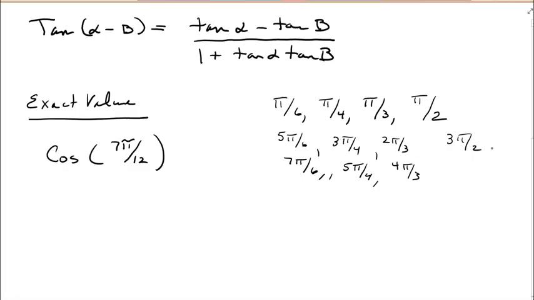If you can get 7 pi over 12 as a combination of any of these angles, you can apply your sum and difference. So you're like, all right, well, how do I do that?